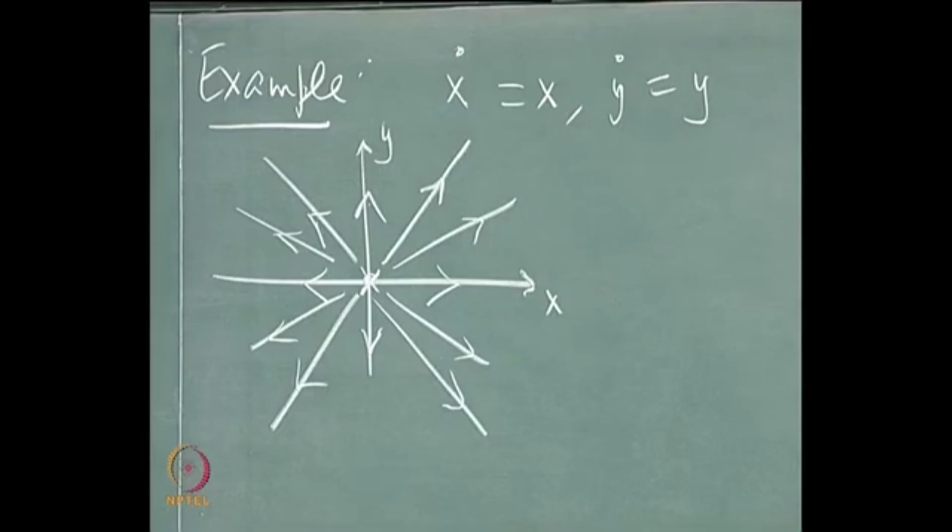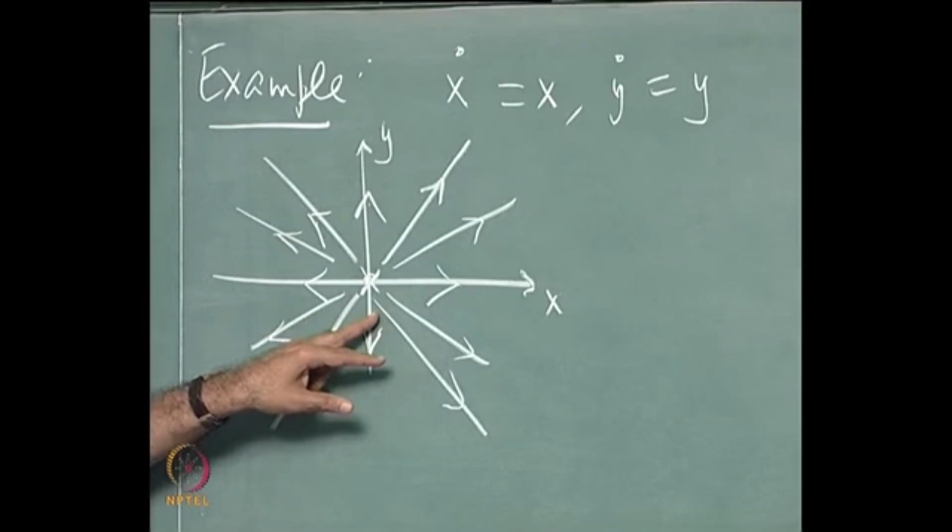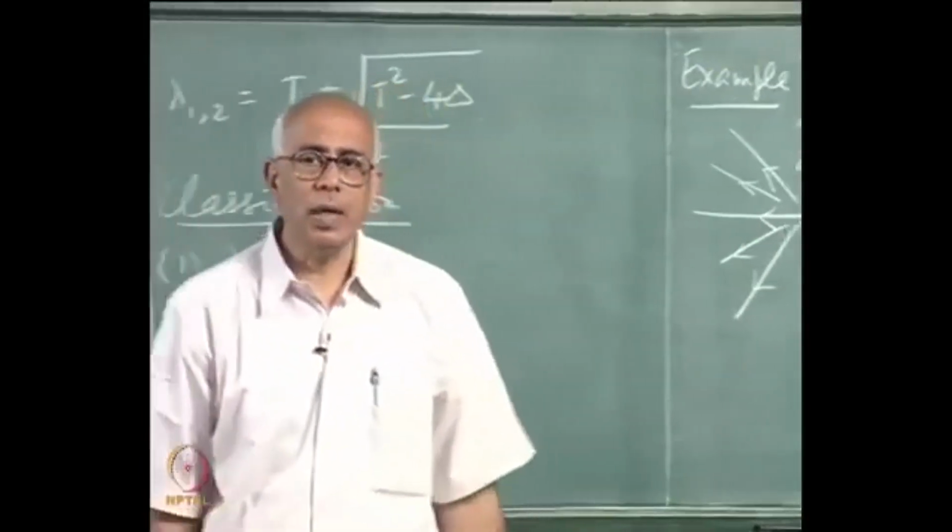What would you say is the stability of this critical point? Unstable, and this kind of critical point is called an unstable node.